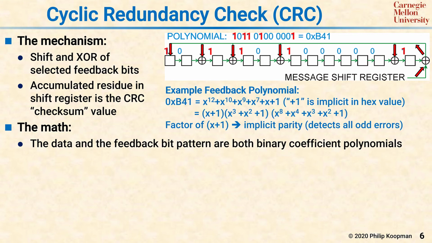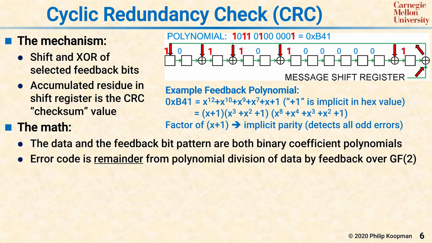Where the math comes in is what you're really doing is you're representing the message also as a polynomial. So if it's a 64-bit message, it's either 0 or 1 times 2 to the 64, plus 0 or 1 times 2 to the 63, and so on. If you represent both the feedback as a polynomial and the message as a polynomial, then you can think of a CRC calculation as doing a polynomial division of the message divided by the feedback, and the value that's in the CRC shift register at the end is the remainder of the division.